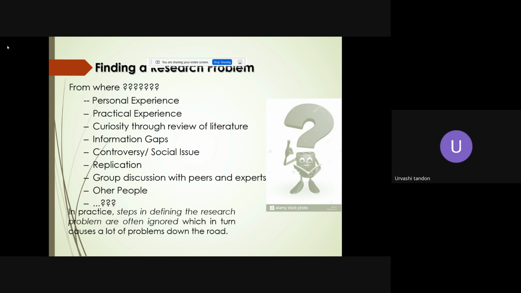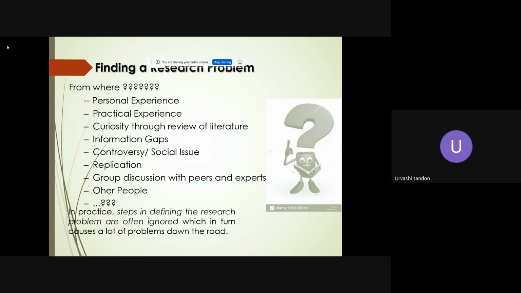So as a result, they find, okay, we have two homes, let's make one home a homestay. People will come, people will go, and we will be engaged in that, right? So this is the information gap, right? Because of the information which is available in the literature, and the information which we gathered from moving across the areas. So this information gap again helps us to find a problem.